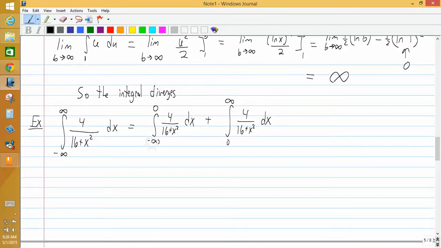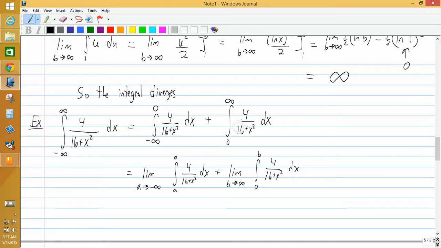So here I'm going to say the limit as a approaches negative infinity of the integral from a to 0 of 4 over 16 plus x squared dx, plus the limit as b approaches positive infinity of the integral from 0 to b of 4 over 16 plus x squared dx.